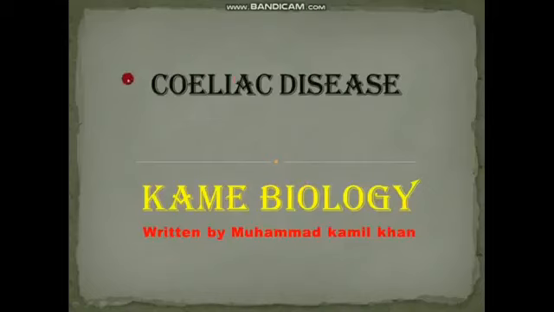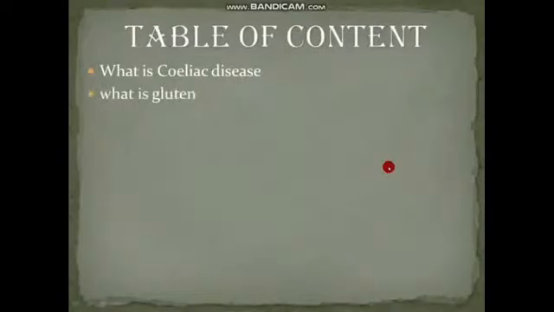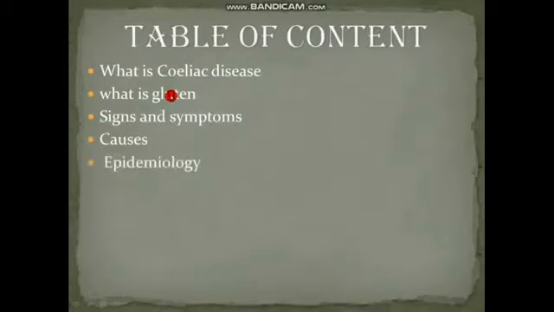In this series of video lectures, we are going to talk about celiac disease in detail. So in this video lecture, we are going to talk first of all about what celiac disease is, and then what glutenin is. There is a close relationship between celiac disease and glutenin. Then we will talk about the signs and symptoms of celiac disease, causes, epidemiology, and mechanism of action.